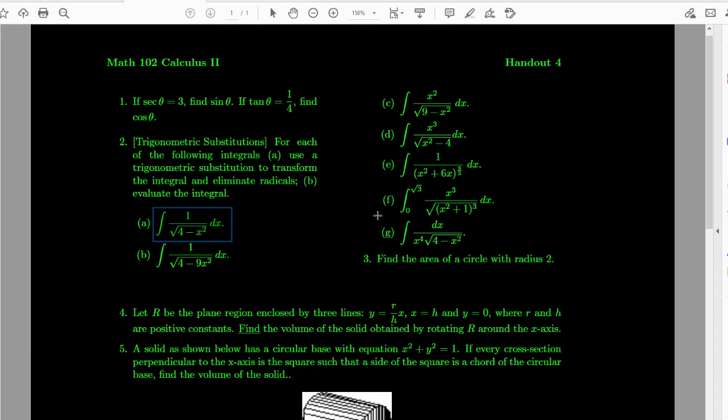In many cases, the transformed integral, I mean the integral in terms of the new variable theta, is a little harder to evaluate. You need to recall many other techniques. But the main thing in this section is to make a trig substitution to get rid of the radical. So that's the main thing.